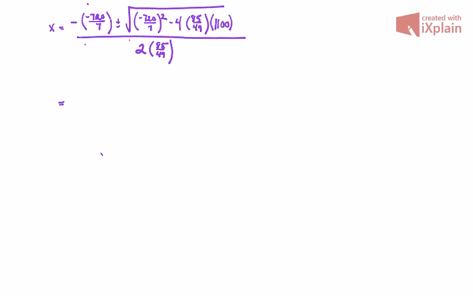So first off, the negative 720 just becomes a positive 720 all over 7, plus or minus the square root of, here's where I'm going to break out my calculator and start working with decimal values instead. If I square that negative 720 all over 7, that's going to give me 10,579.59184.